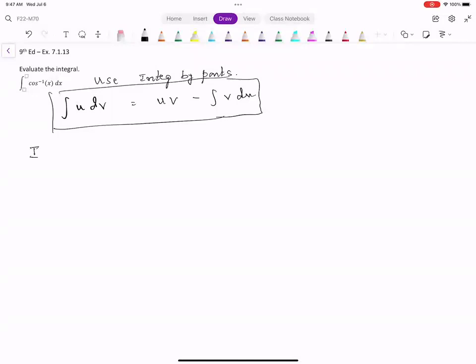So let's call the given integral I, which is cosine inverse x dx. We have to identify what u is and what dv is. So let's take cosine inverse x as u, and let's take dx as dv. So u is equal to cosine inverse x.